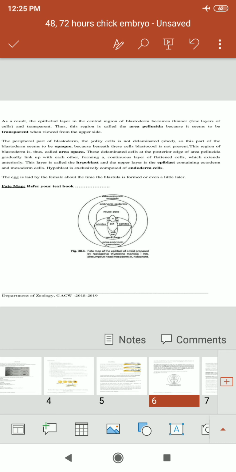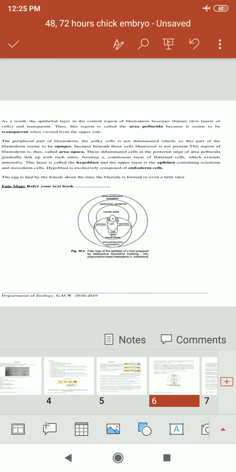The peripheral part of the blastoderm, the yolk cell, is not delaminated, so this part of the blastoderm seems to be opaque because beneath these cells the blastocoel is not present, and this region is thus called area opaca. These delaminated cells at the posterior edge of the area pellucida gradually link up with each other, forming a continuous layer of flattened cells.